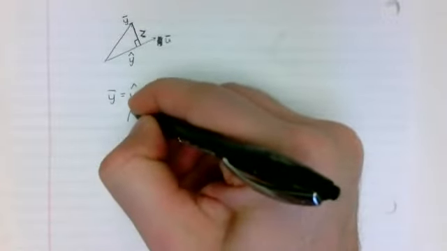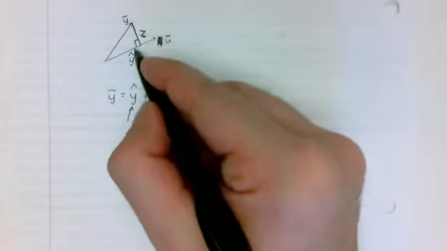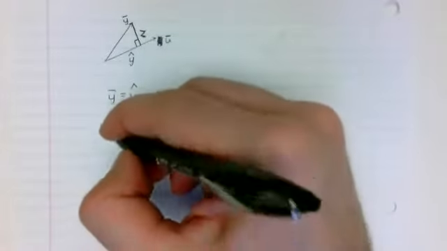And each of these vectors in this decomposition has some property. Y hat is a scalar multiple of u.